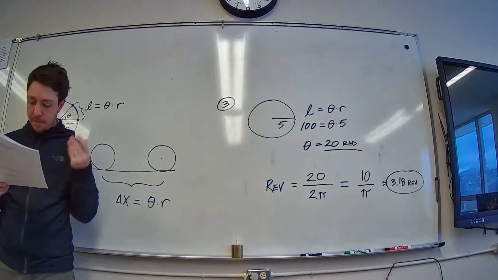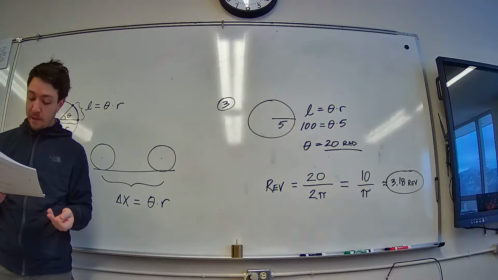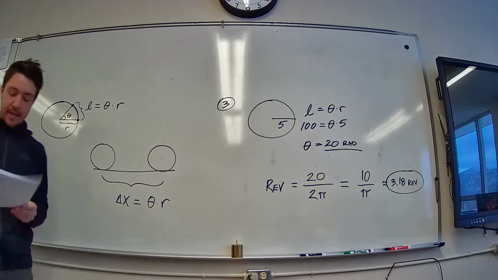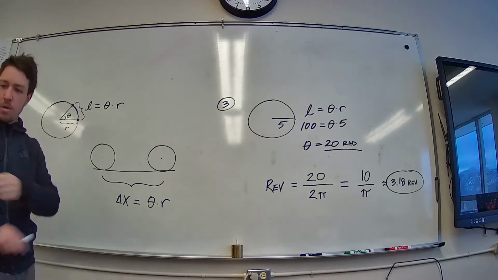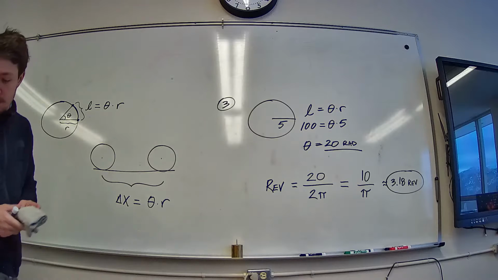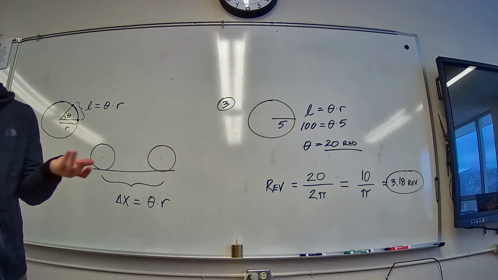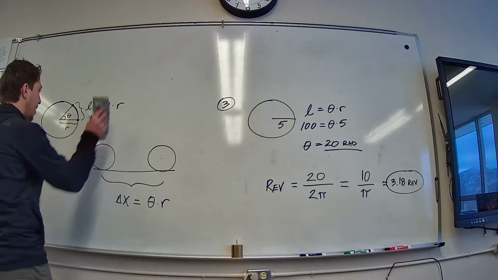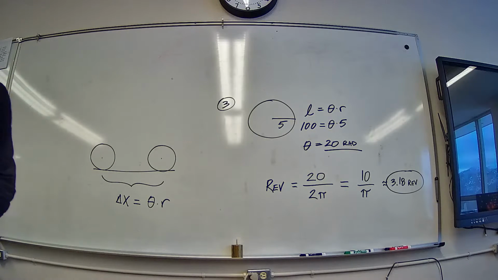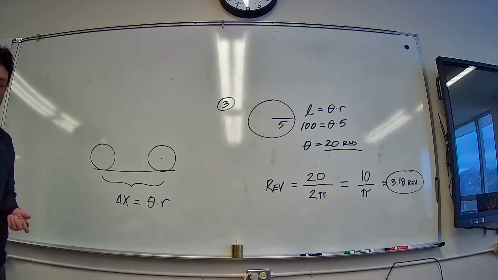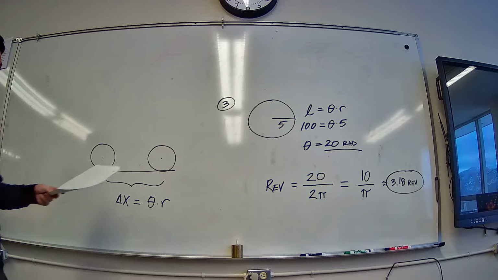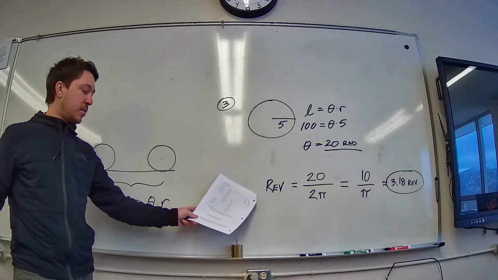So number 4, Mr. Roly-Poly says, if we complete 4 revolutions and that gets us a distance of 10 meters, what does that mean for us? What was the radius of the circle? Or I should have said, what's the radius of the cylinder? There's a few ways you could solve this. Let's try to get to this idea here.